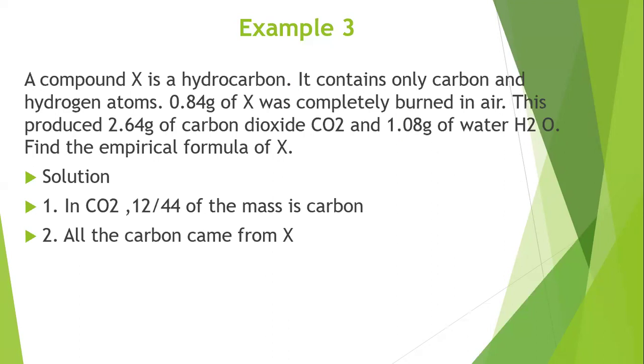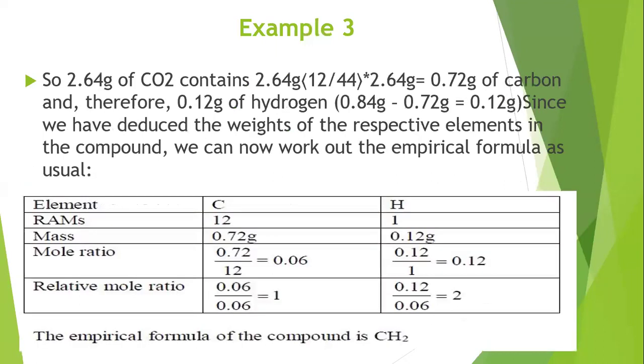Now, solution. First step: in CO2, we take 12 upon 44 of the mass, that is carbon, and all the carbon came from X, the compound we don't know. So 2.64 gram of the carbon dioxide contains 12 upon 44 multiplied by 2.64 gram.